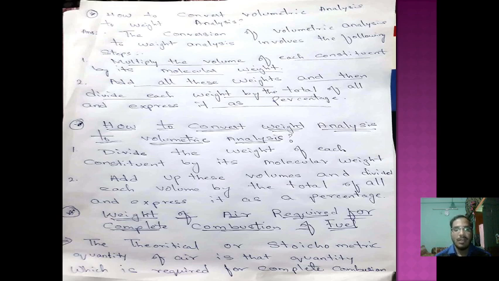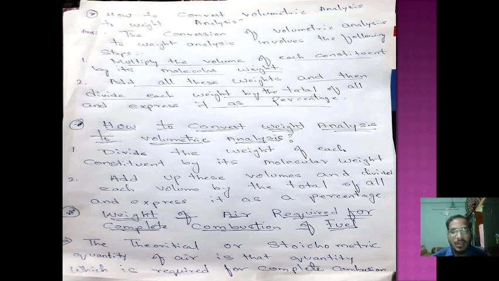Weight of air required: it is a very important question. If it comes in your final exams, definitely. Weight of air required for complete combustion of fuel, how much weight is required to complete the combustion.